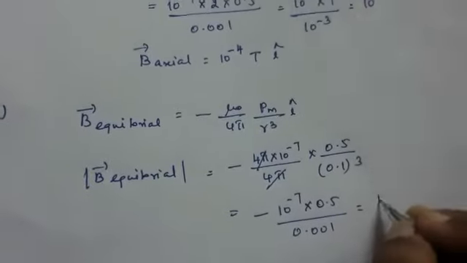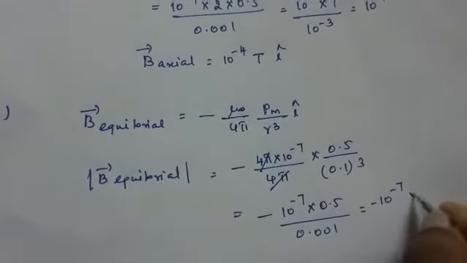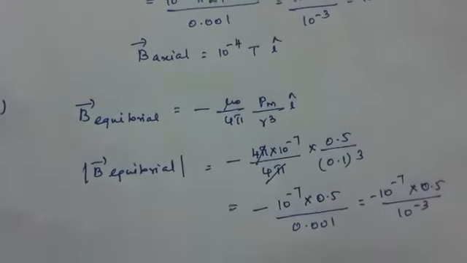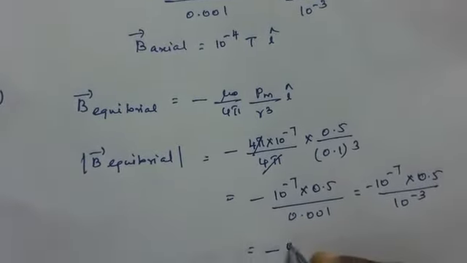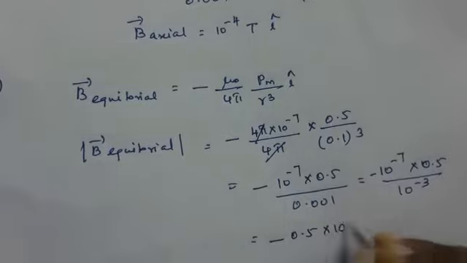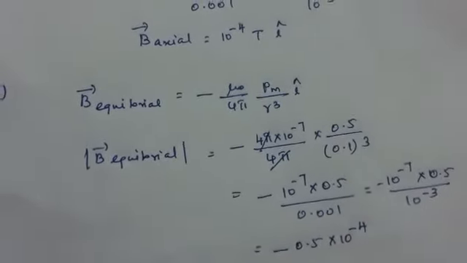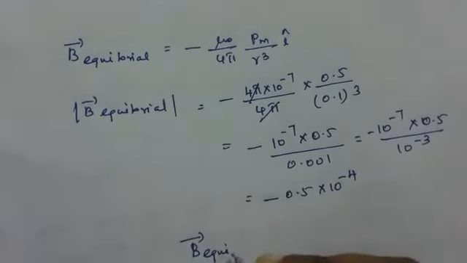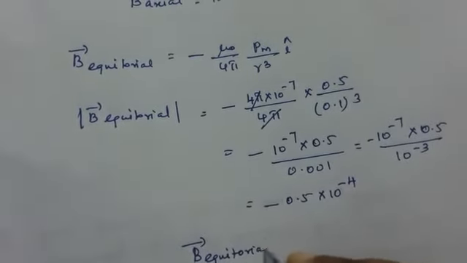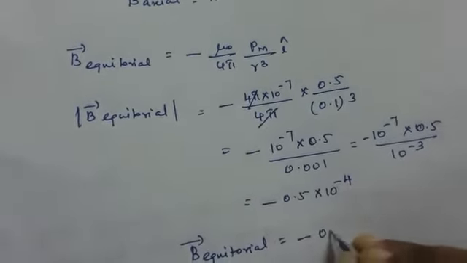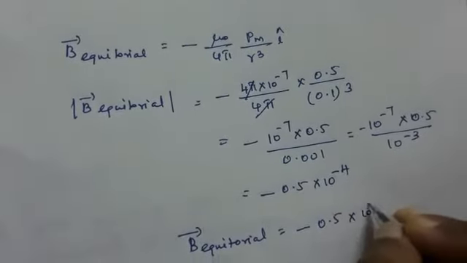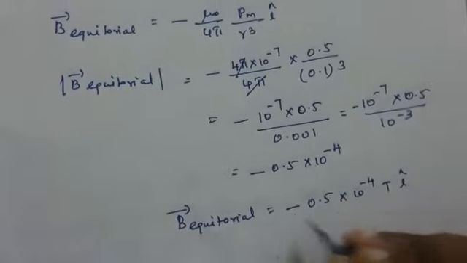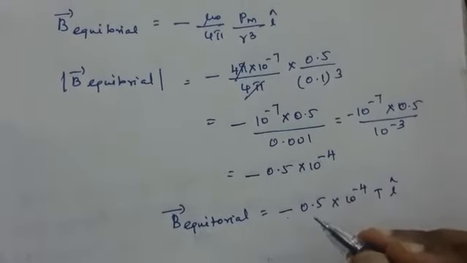So this is 10 raised to minus 7 into 0.5 divided by 10 raised to minus 3. So this is nothing but minus 0.5 into 10 raised to minus 4. So when you are writing in vector form, the direction is along the negative x-axis. The minus indicates it is along the negative x-axis.